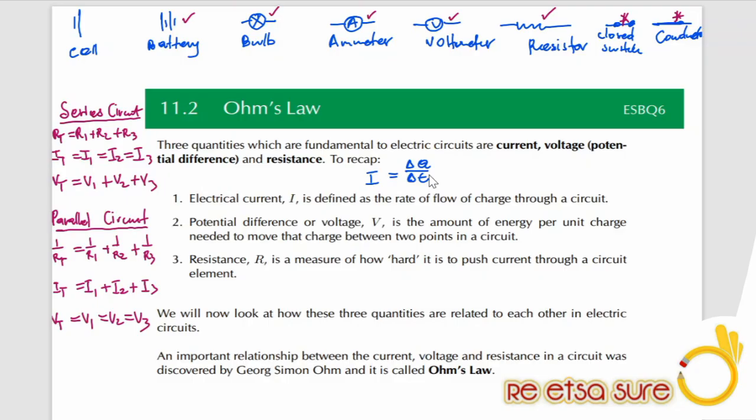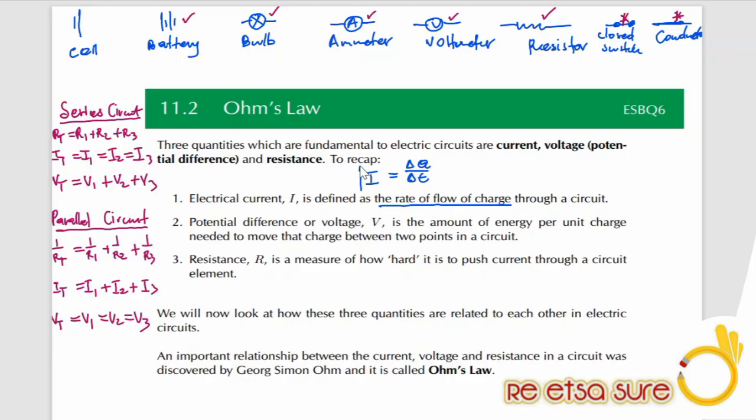Our battery is just releasing the charges, and then those charges, we divide them with our time, the rate at which the charges are flowing at a certain time, at a certain point. And then when we divide that charge with the time that is given, that's where we get a current. So that is why we are saying that current is defined as the rate of flow of charge.